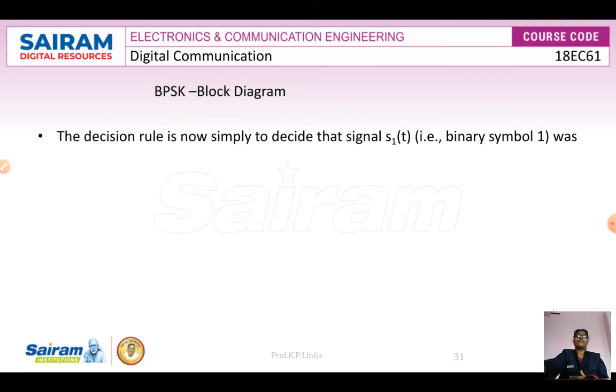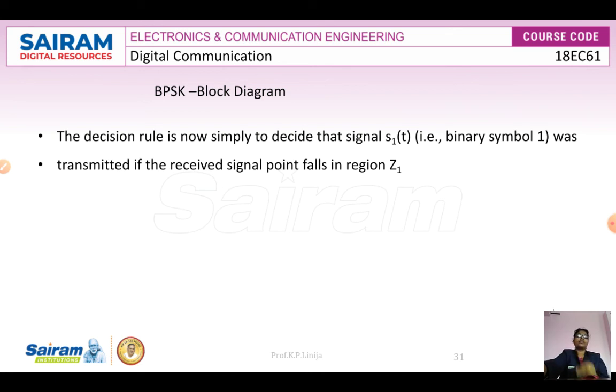Therefore, the decision rule is simply to decide that signal S1 of t, which is binary symbol 1, was transmitted if the received signal point falls in region Z1.